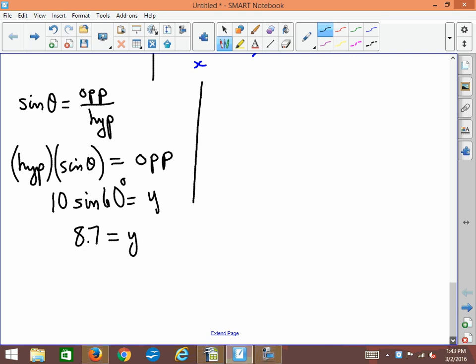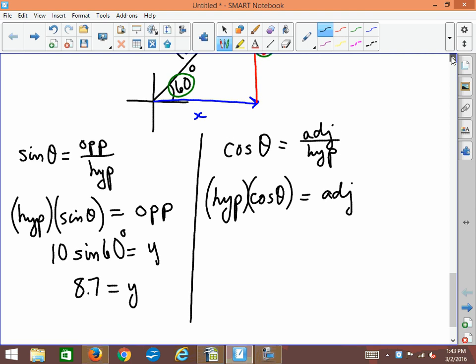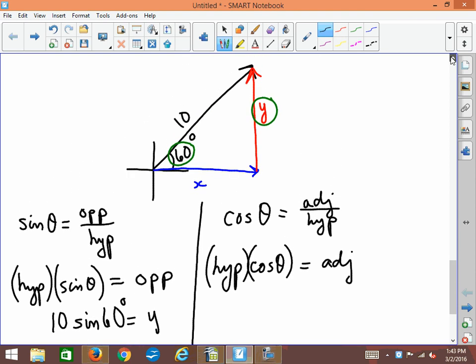By the same token, the cosine of theta is equal to adjacent over hypotenuse. So, if I multiply both sides by hypotenuse, I get hypotenuse times the cosine of theta equals adjacent. Which means, if I go back to my picture, there's my 60 degrees again in the green circle.